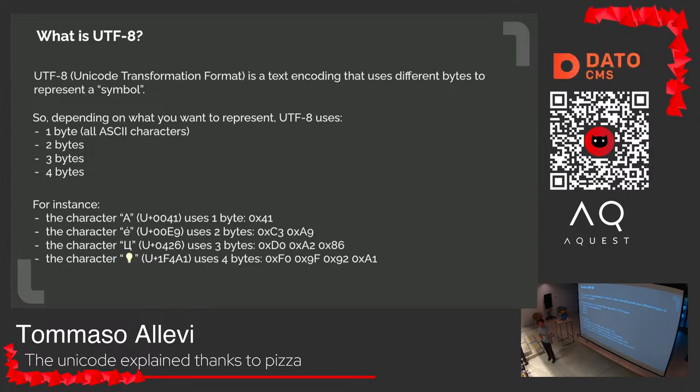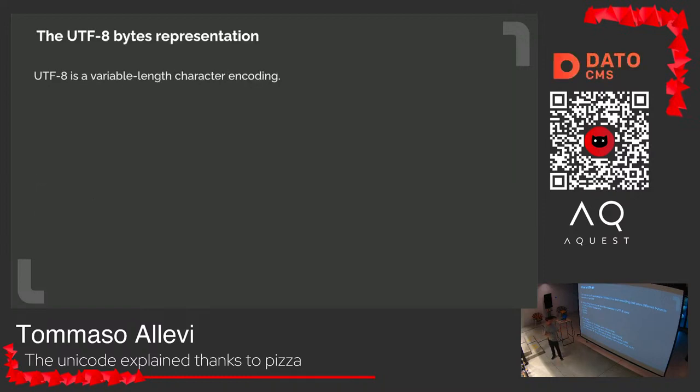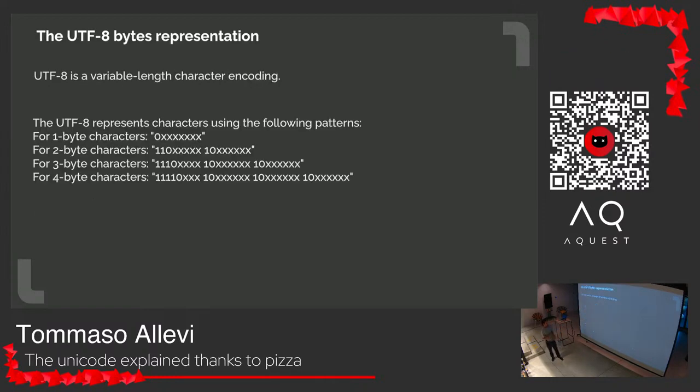So, as you can see, different symbols, actually called graphemes, use different numbers of bytes. This is more like how a Unicode UTF-8 character is represented.